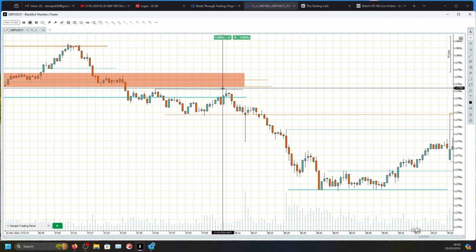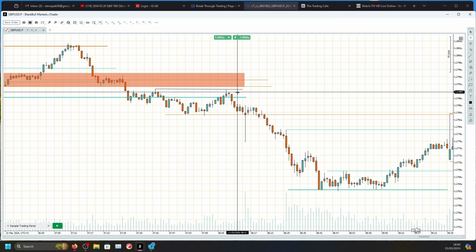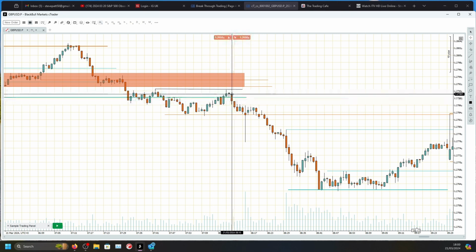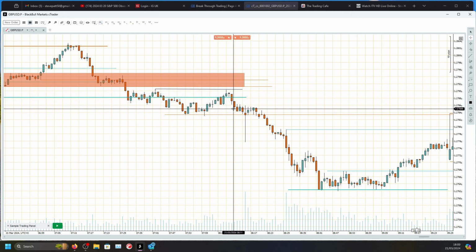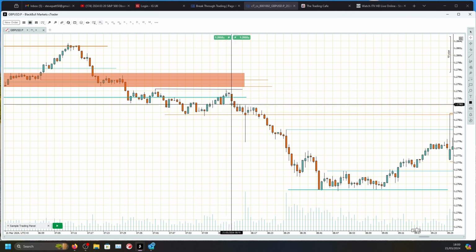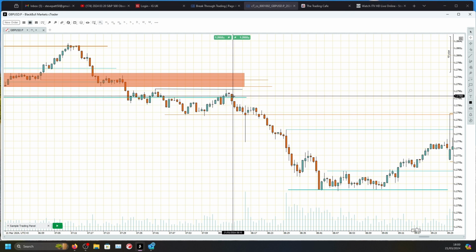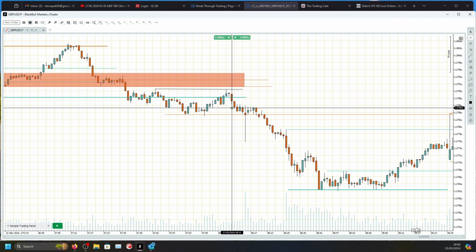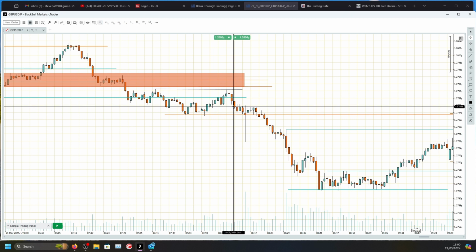You see, you get the rejection off of this high, and then we get this bearish engulfing. If we don't enter on that one, we've got this one. You see, these three candles engulf all of this. That is a very good entry.